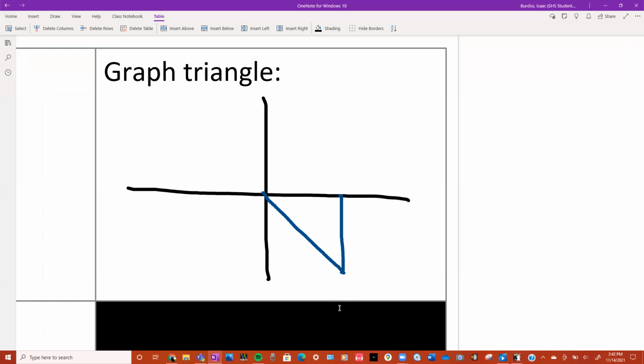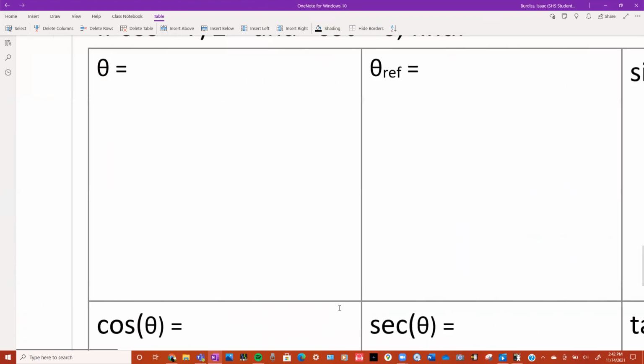And think about it, if we were to draw all the other triangles, would that make a butterfly? Yes, it would. And then our other side is going to be right here. Let me redraw that. So our right angle is going to be right here, and the angle we're finding is always going to be the one that's close to the origin.